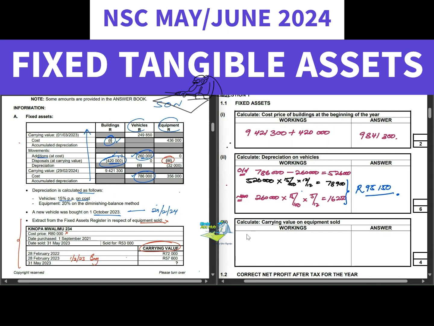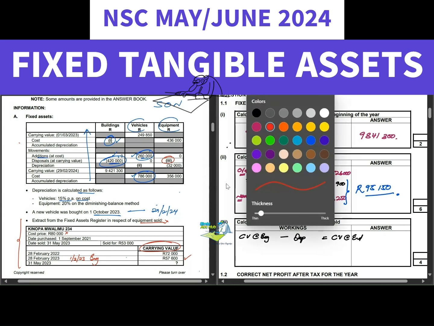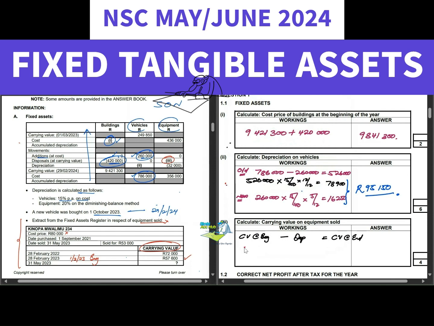So it means here I have my carrying value at the beginning, 57.6. If you are to calculate the carrying value at the date of disposal, it's easy: carrying value at the beginning minus depreciation will give you carrying value at the end. So my carrying value at the beginning is 57,600 minus my depreciation. Now I need depreciation for this particular asset.